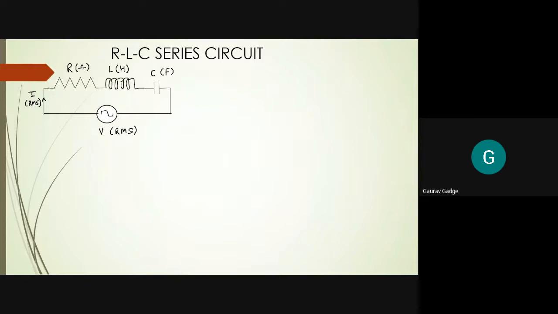As this circuit is connected in series, the same current passes through each element, so the value of current does not change. The value of that current is the same for all 3 elements, so I just name it current I, as there is no change in the current flow.